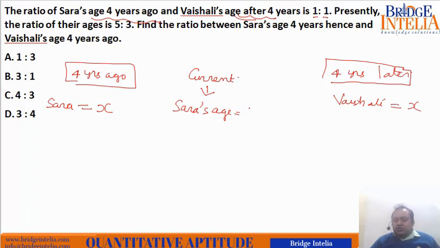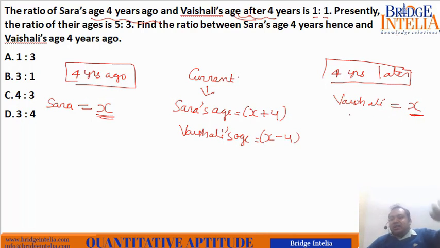So to consider her age today, you will have to add 4 to it, because this is 4-year-old data. What will be Vaishali's age? X minus 4, because this is her age 4 years in future. So her true age today should be equal to X minus 4.